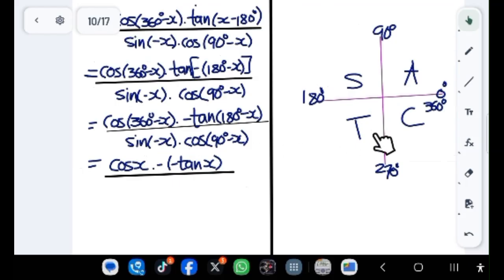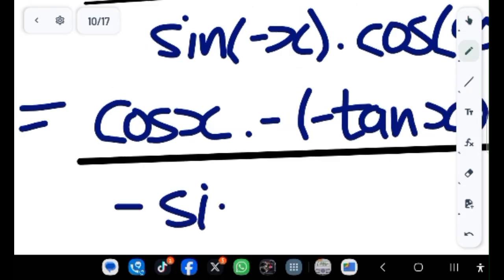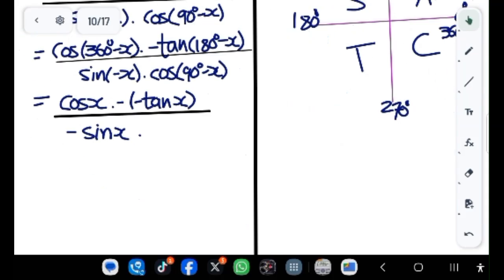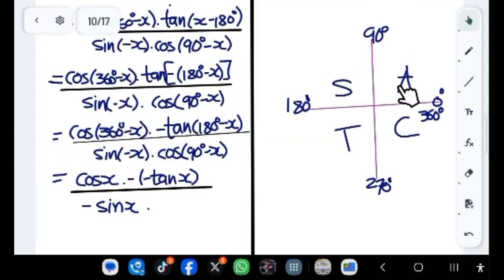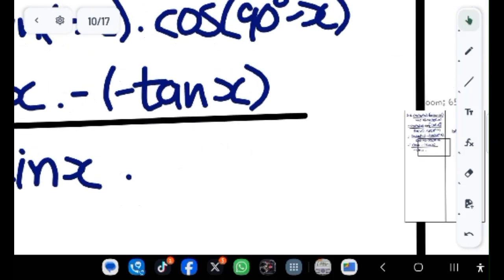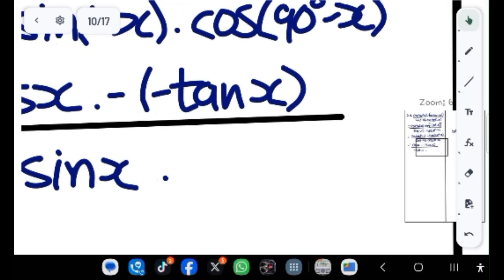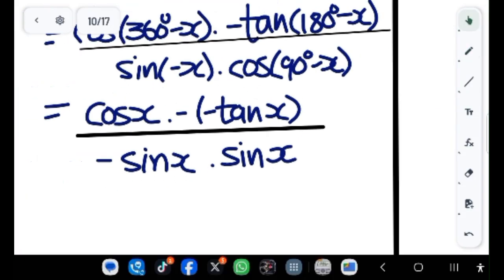Next, sine of negative x lands us in the fourth quadrant where sine is negative, so that will be negative sine of x, times, now you can see we're reducing everybody at the same time, cos of 90 degrees minus x. That lands us in the first quadrant where every sign is positive. Because of the special angle 90 degrees, that cos will change into its co-function, which is sine. And this is how you reduce.